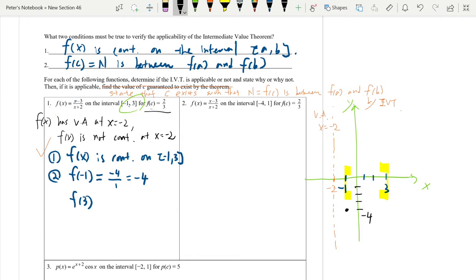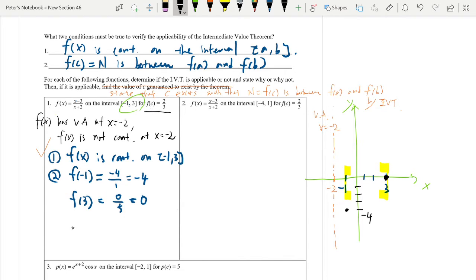How about f of 3? f of 3 would be 3 minus 3 is 0, 0 over 5, right? So it's equal to 0, which means we're talking about over here, right? And I don't know how the function in between looks.